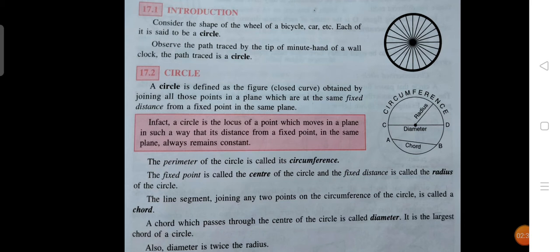This is the geometric definition of a circle. That is, a circle is the locus of a point which moves in a plane in such a way that its distance from a fixed point in the same plane always remains constant.